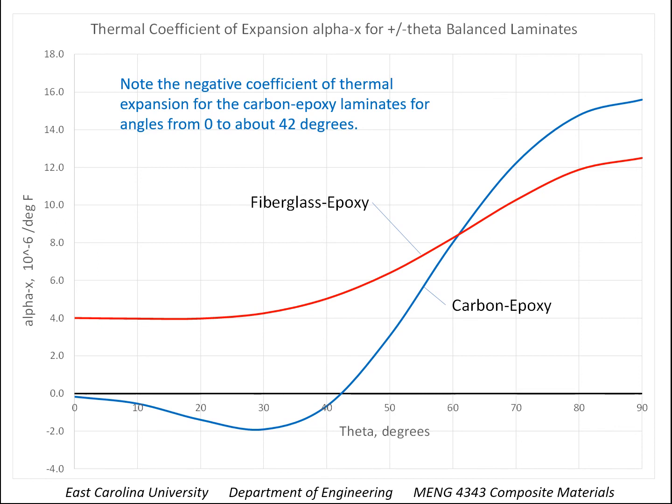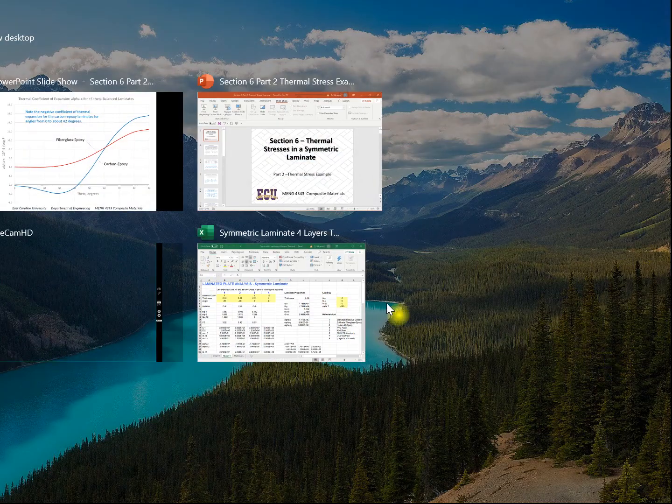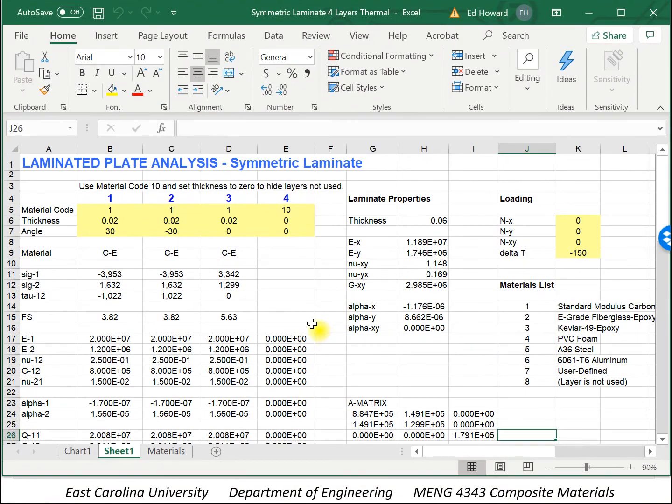However, the mismatch wasn't so bad here because we had our plus or minus 30s and a zeros. If we had plus and minus 30s with 90s, we'd have a much higher thermal mismatch, and so the residual stresses would be greater.